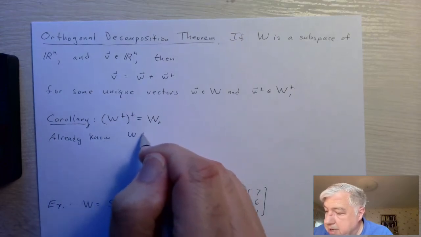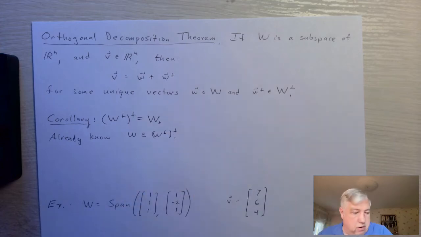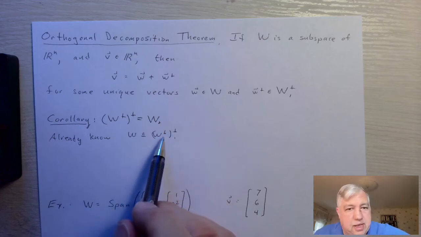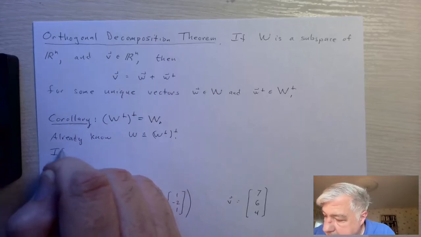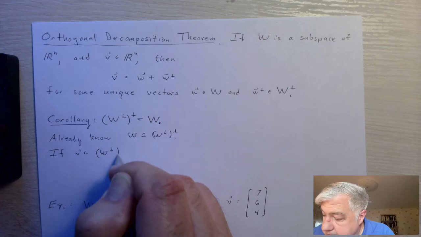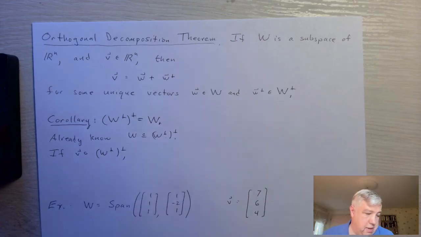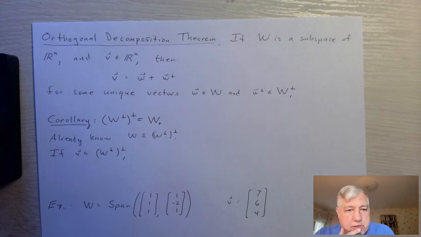We already know that W is contained in W perp perp. Now we want to show that the other direction holds. If we take something in here, we want to show it's in W. So if V is in W perp perp, then V is going to have its own decomposition.